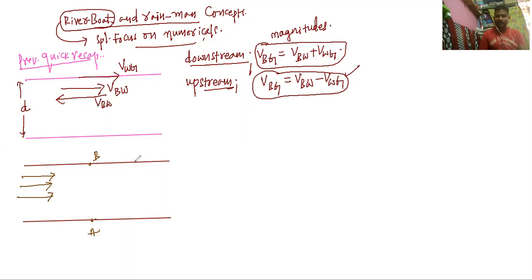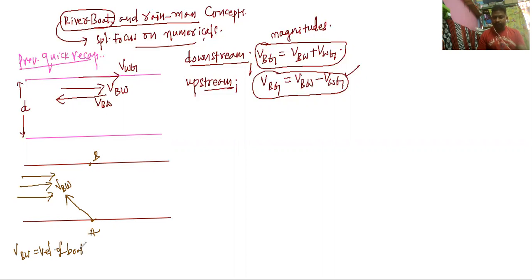So in this case, there's no possibility of moving the boat in the shortest path. So to reach the shortest path, it must start in this direction. So that is the velocity of the boat with respect to water.